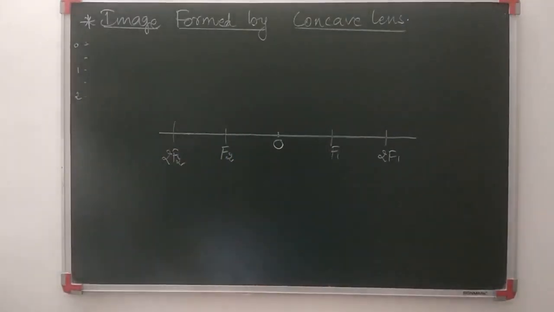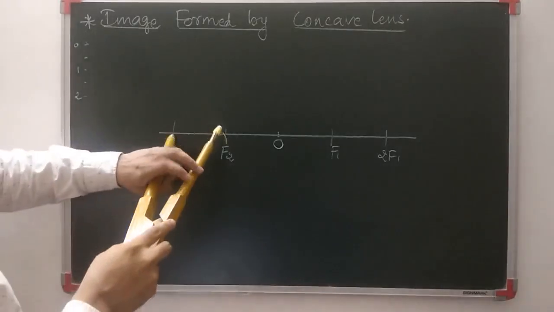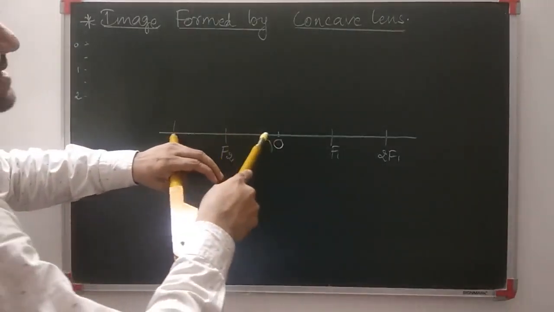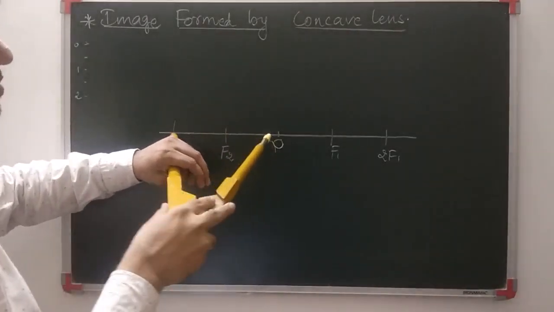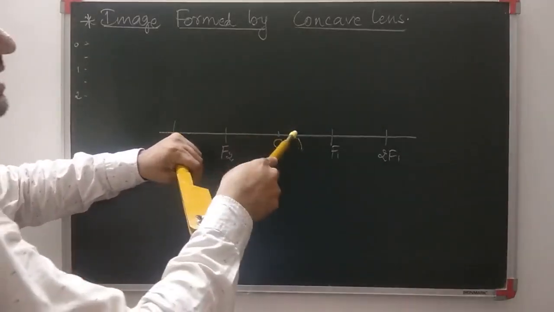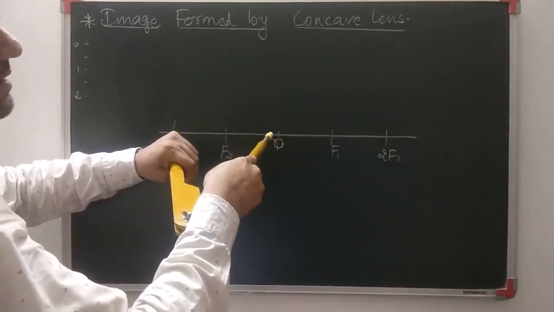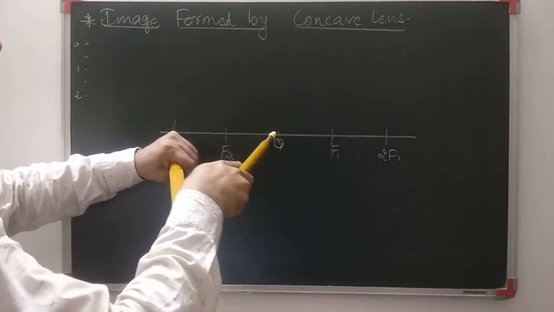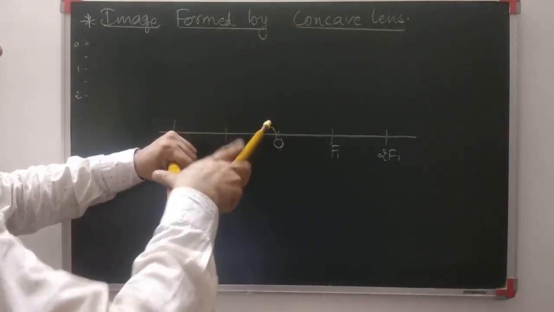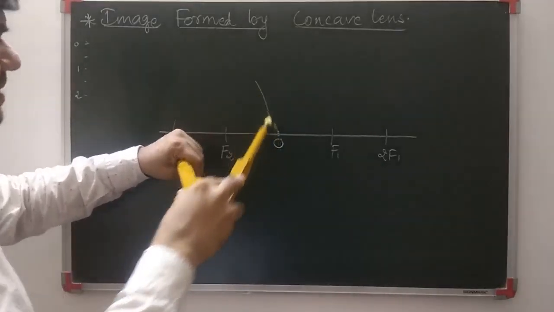Now when we have to construct the concave lens, remember that you have to take the radius slightly smaller than at point O. We have taken larger earlier, here it's slightly smaller. We'll take a smaller radius. So let's draw the arc with the same method.